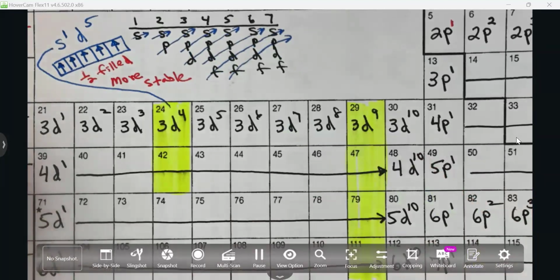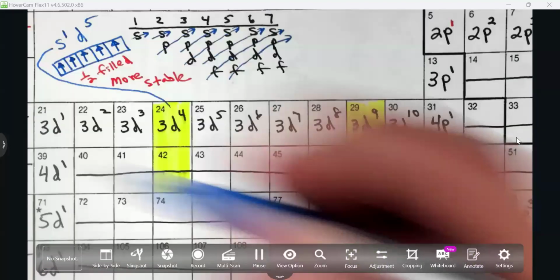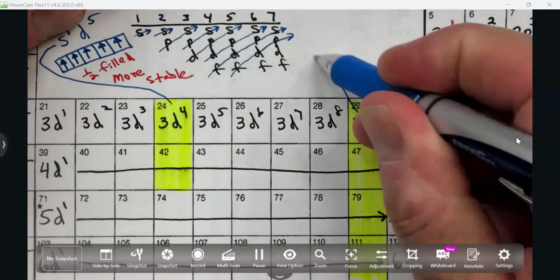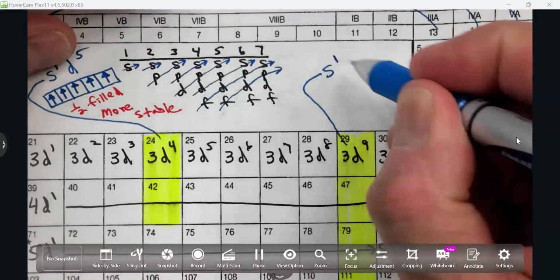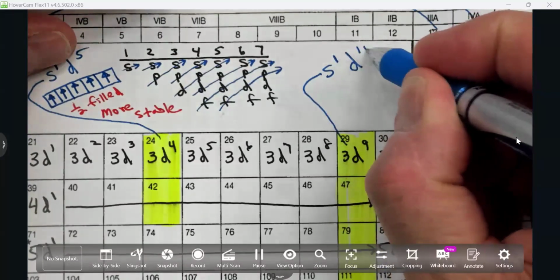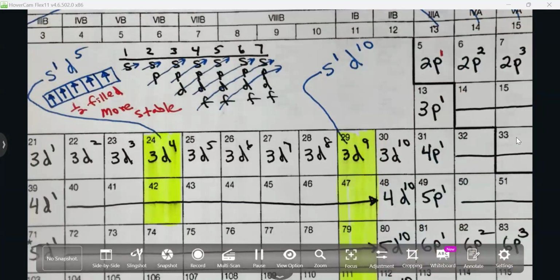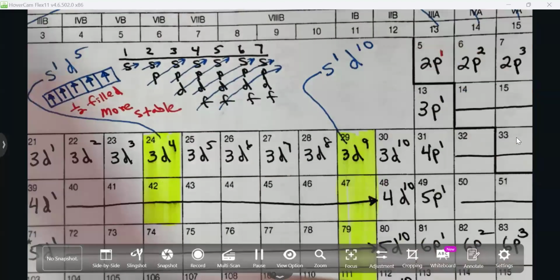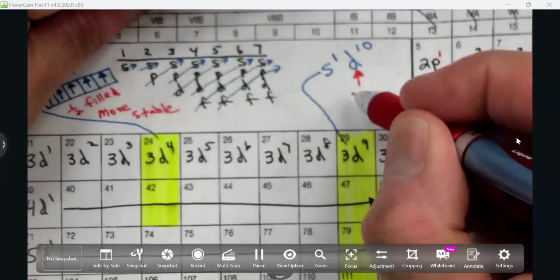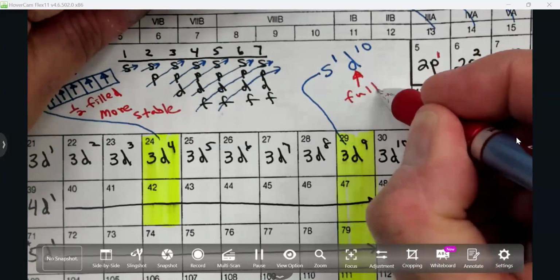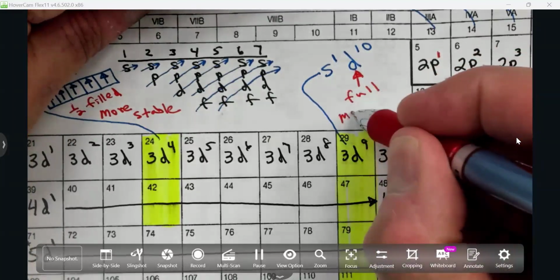So these are all right here. S1D10. It fills up the 10. What's the key words?